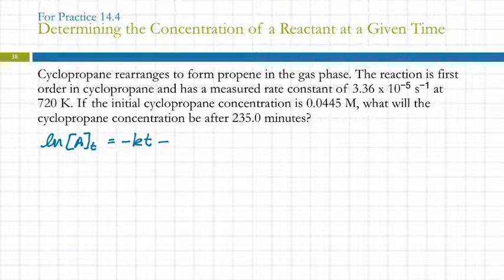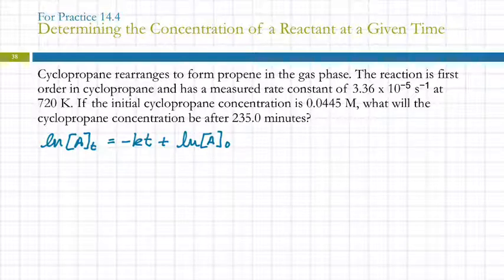Is it plus or minus? I think it's plus. The natural log of A at 0. So that's the equation we need, and then let's look at what these things are that were given to us.